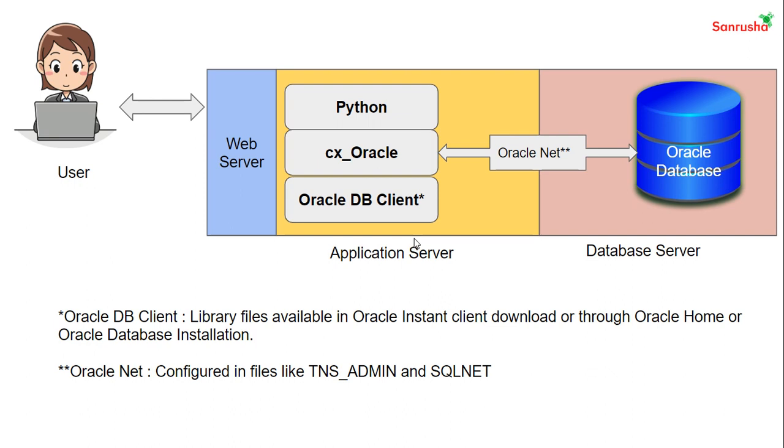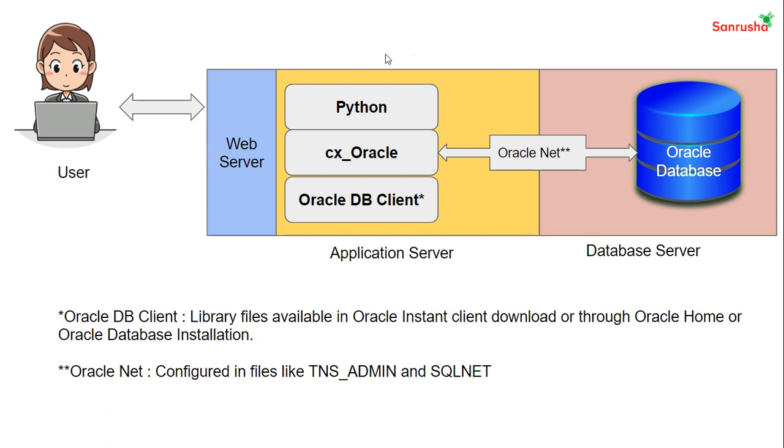Now the application server will have different components, but it does not have the data stored. It has your Python programs, like whatever programs you will write in this course, you will store somewhere, and that is the application server. Now your application server needs to connect to Oracle database, and that's where Oracle DB client comes into the picture.